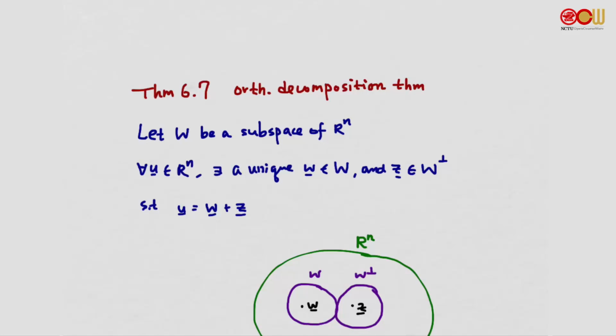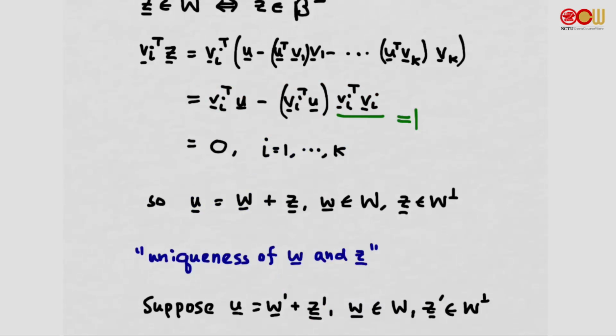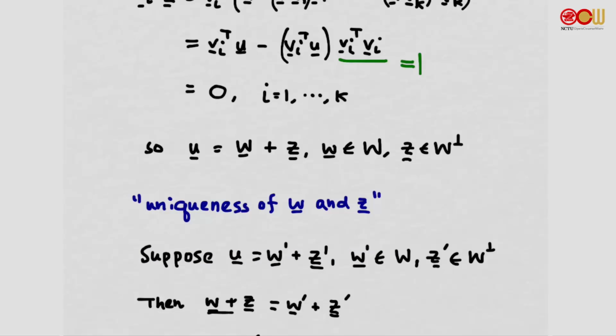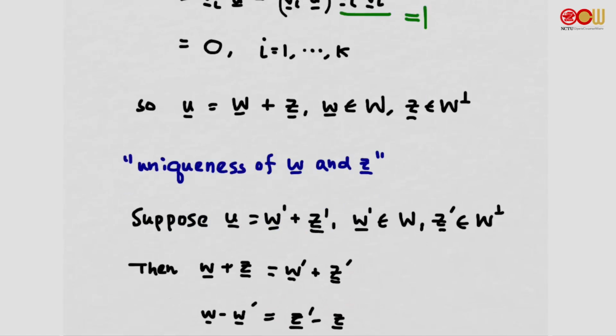So far we have shown that indeed u is a sum like this. We still need to show uniqueness of w and z. Say u can be expressed as w prime plus z prime, where w prime is in W and z prime is in W perp. Then we get w plus z the same as w prime plus z prime. Moving w prime to the other side and z to this side, this is what we get.